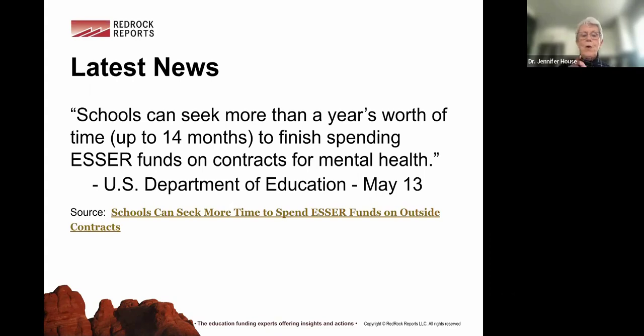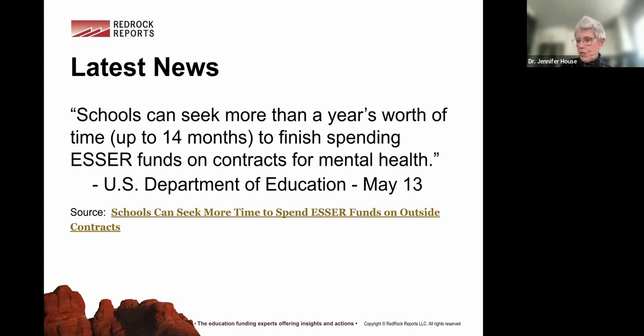So ESSER funds on contracts for mental health: it could be contractors, professional development, materials, or instruction that's being delivered, that can be paid for during that time.